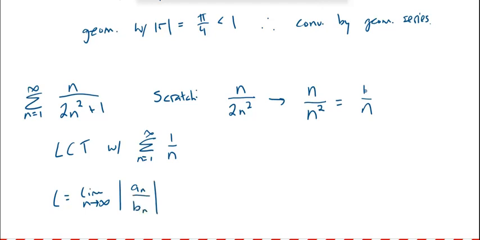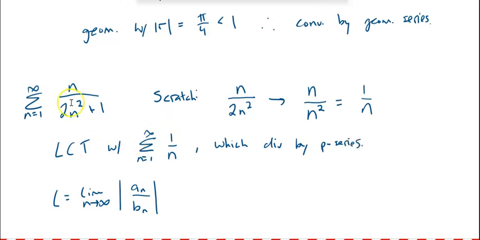It's kind of the standard notation that we use with this. So the an is the inside of the sigma for the original one, and the bn is the inside of the sigma for the new one that we figured out. And I might write here, comma, which diverges by p-series.